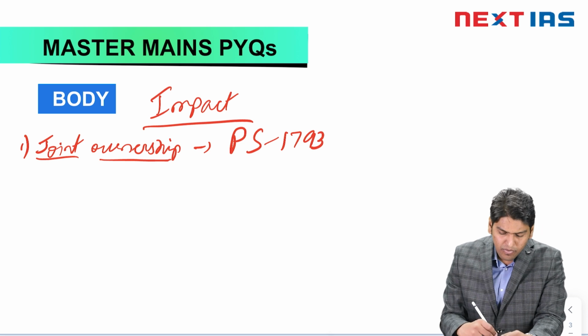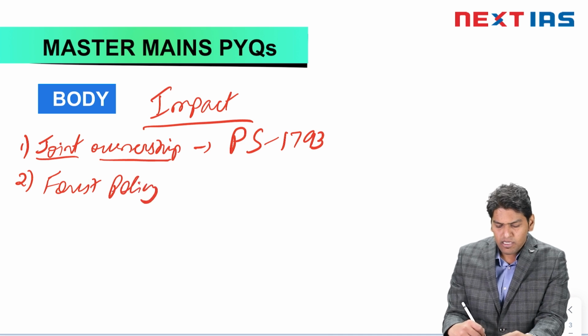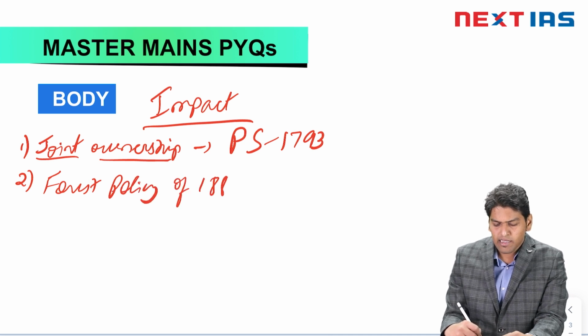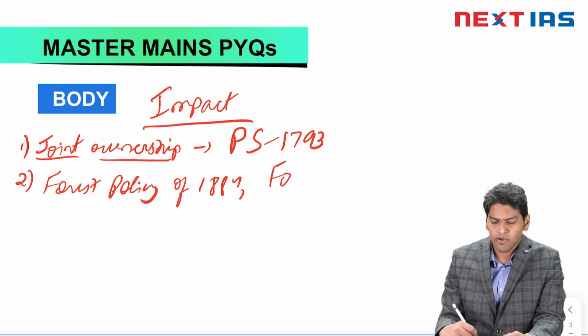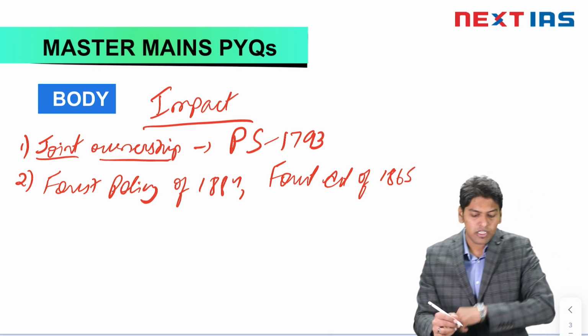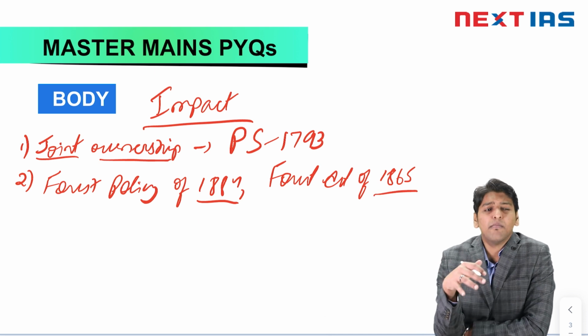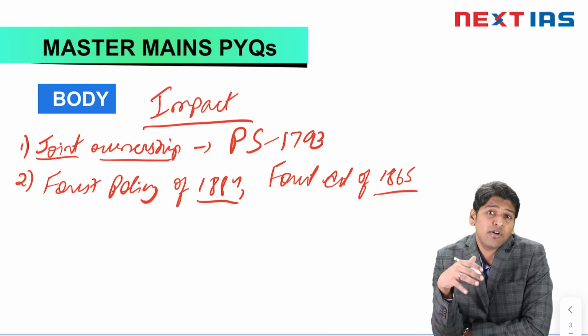Next we see forest policies. The Forest Policy of 1884 and the Forest Act of 1865. These two policies, the British had formulated to seclude the forest areas for their exclusive use.